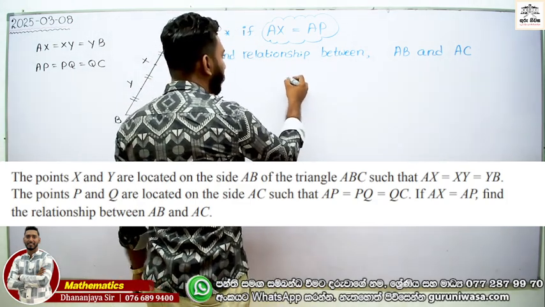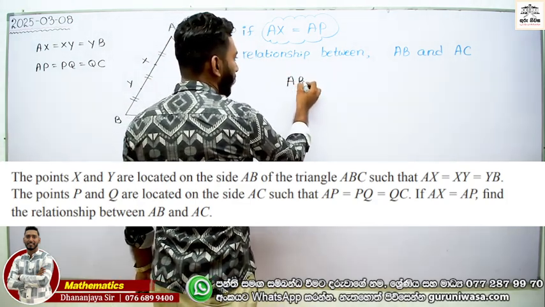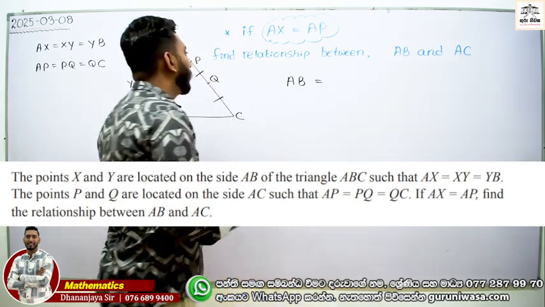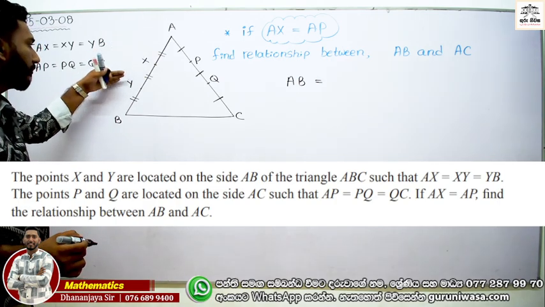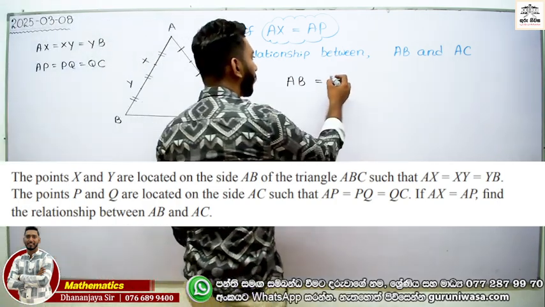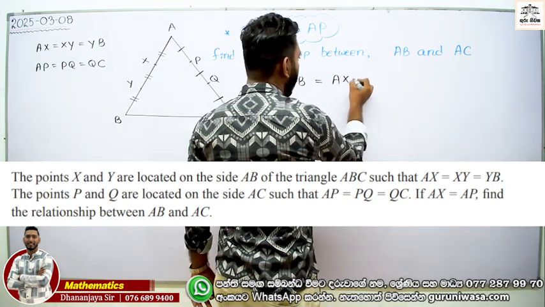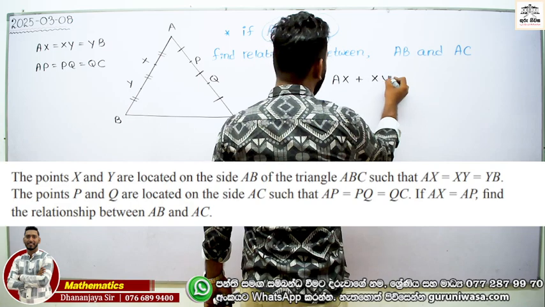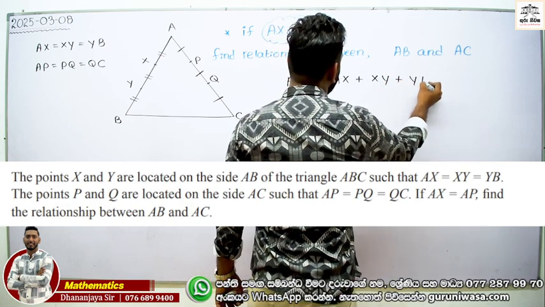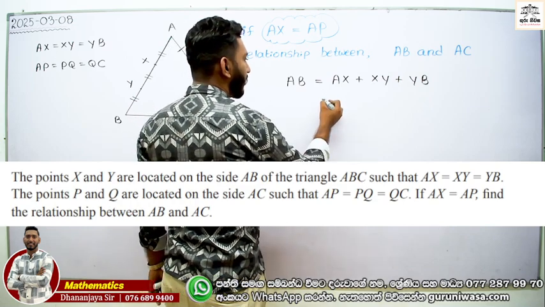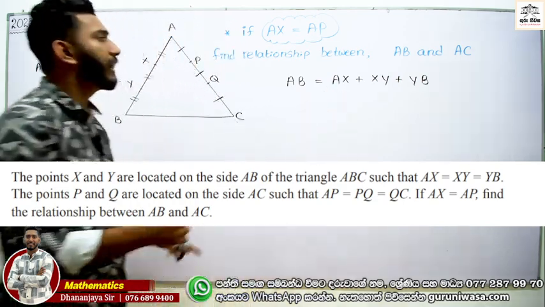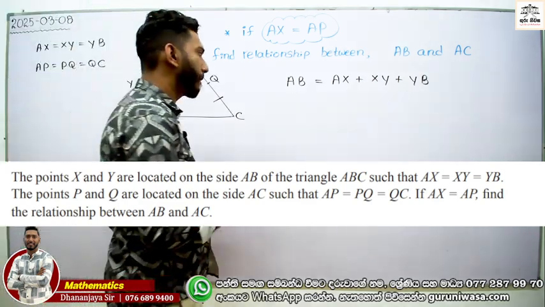AB is equal to AX plus XY plus YB, right? And we know AX equals XY equals YB.